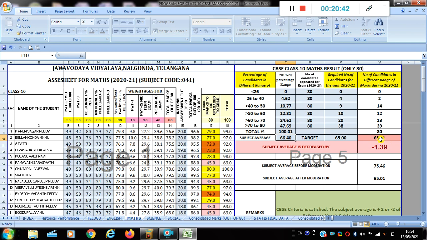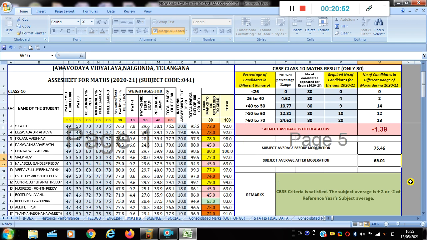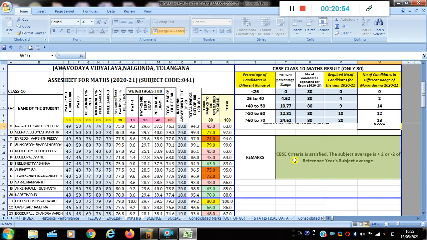My subject average, I reduced it. And see, subject average before moderation is 75.46 out of 80, but after moderation it is 65.01, as it satisfies the CBSE criteria. It says that CBSE criteria is satisfied, the subject average is within +2 or -2 of the reference year's subject average.